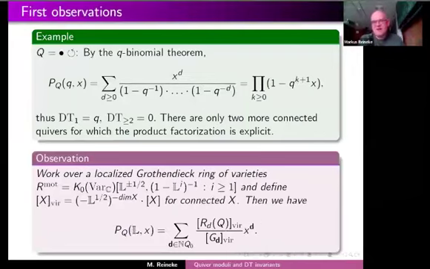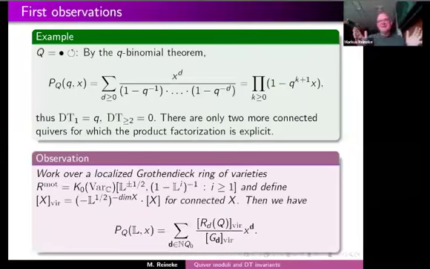And now I have to explain what I mean by virtual motive. Well, motive for me means very naive motive. I consider classes in the Grothendieck ring of varieties, and I localize this Grothendieck ring of varieties at plus minus the square root of the Lefschetz motive, and I localize at all the terms 1 minus L to the i inverse.